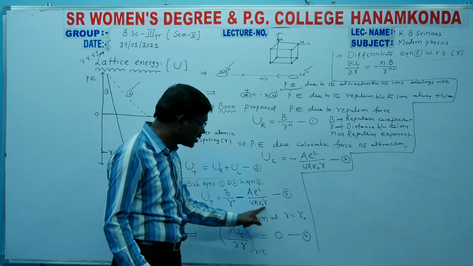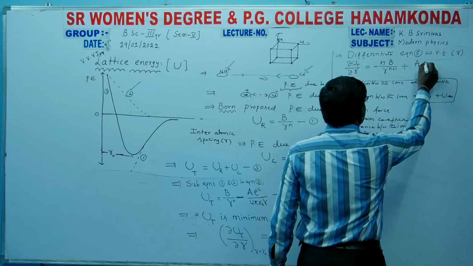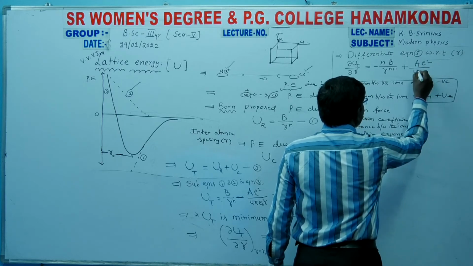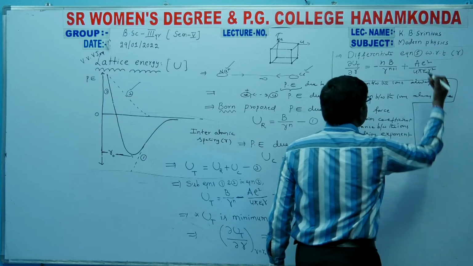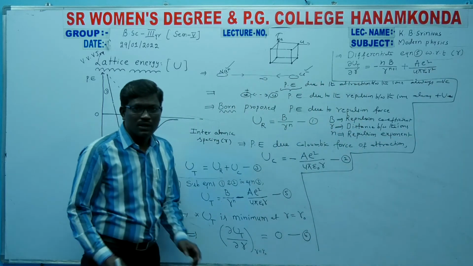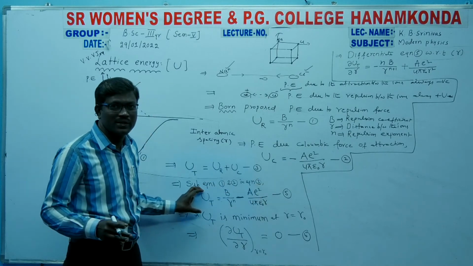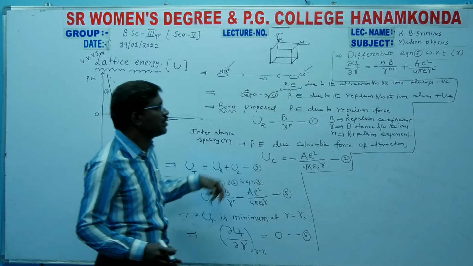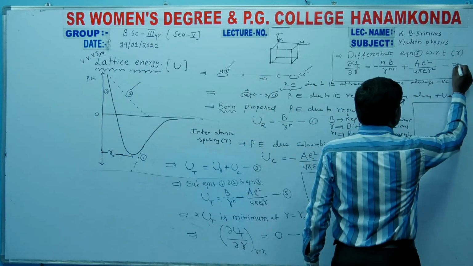After differentiation of this 1 by r, our expression becomes like this. That is a e square by 4 pi epsilon naught r square. Clear? Simply I have differentiated equation 5 with respect to small r, so that it becomes equation number 7.